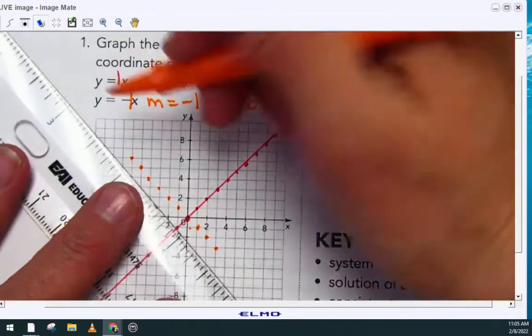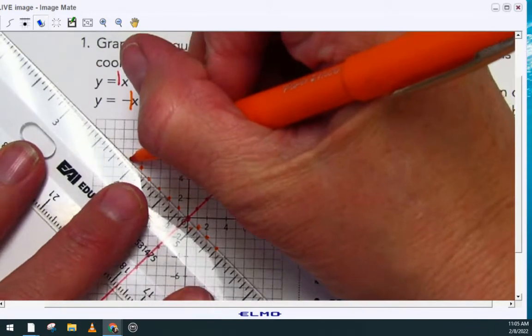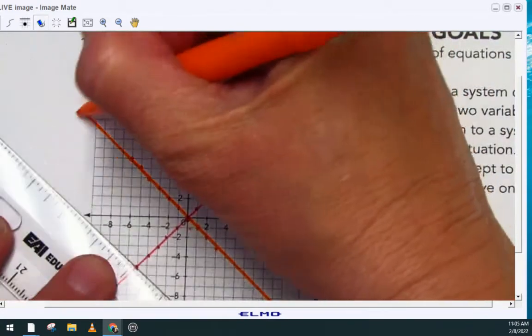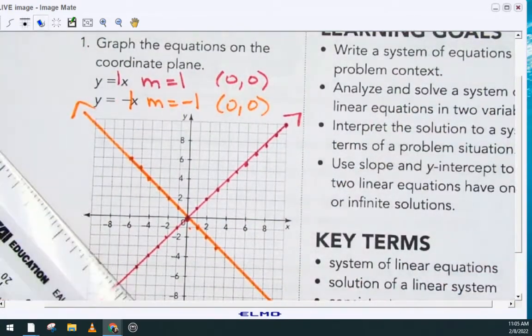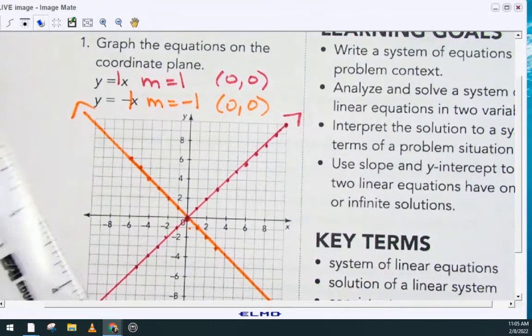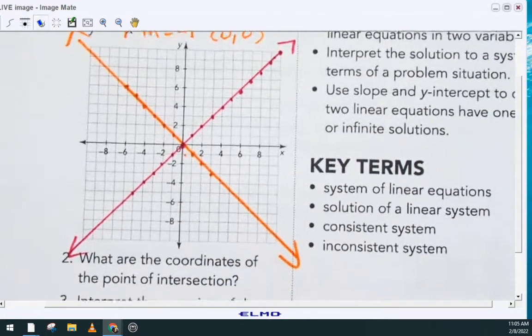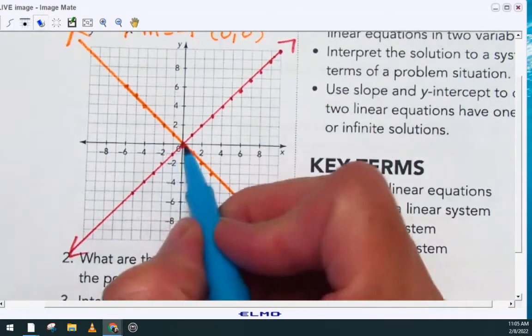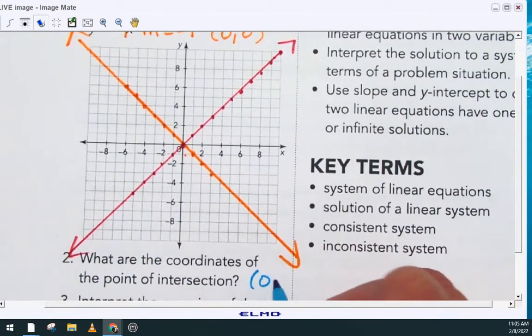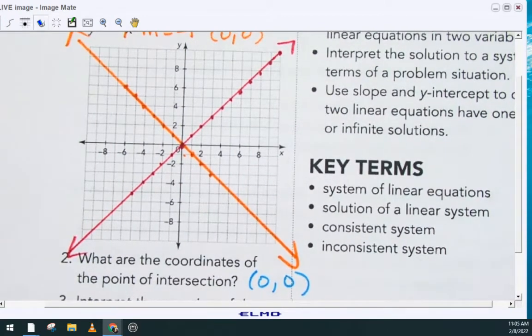And again, I don't need every single point. I like to keep going. I got a little off there, but that's okay. Okay, so what are the coordinates of the point of intersection? So where do they run into each other? I'm really hoping that you noticed that they ran into each other right here at the point 0, 0.